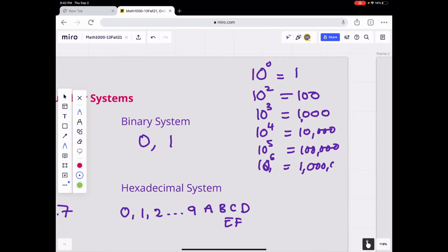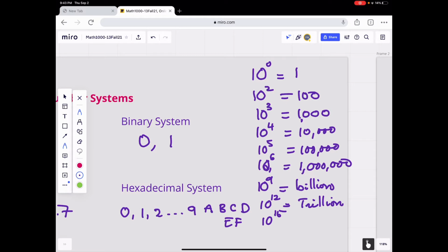All right, and most of you probably know all the way to 9 or 12. 10 to the 9 is a billion, so I'm just going to write a billion instead of writing down the number, which is too long. And 10 to the 3 more makes it 12, which is trillion, and then 10 to the 15 is quadrillion, and so on and so far.